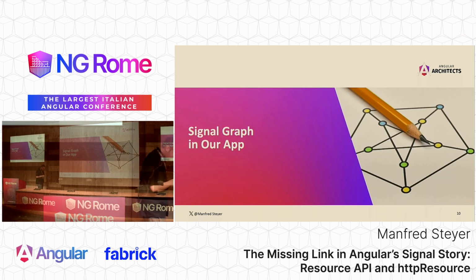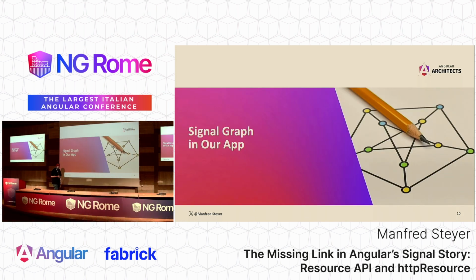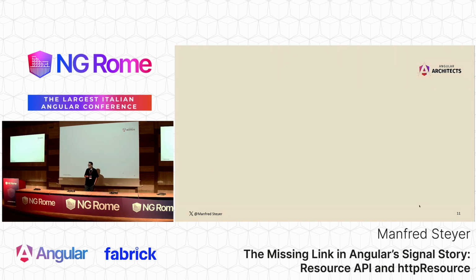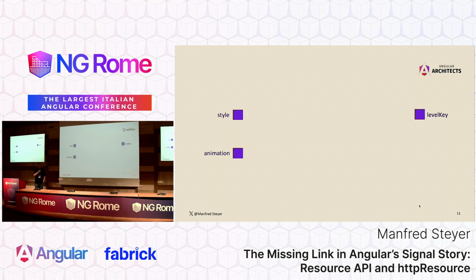Okay, cool. So now let's think about the signal graph of this application. When we think about the signal graph of this application, first of all, we see several signals. Signals, for instance, for all my parameters, like the style, which is the theming I have activated, the animation toggle, is the animation on or off, and the level key.